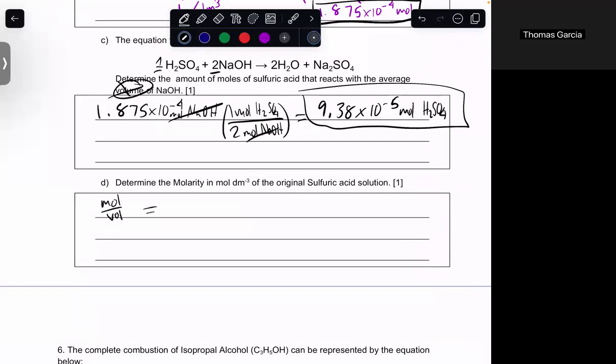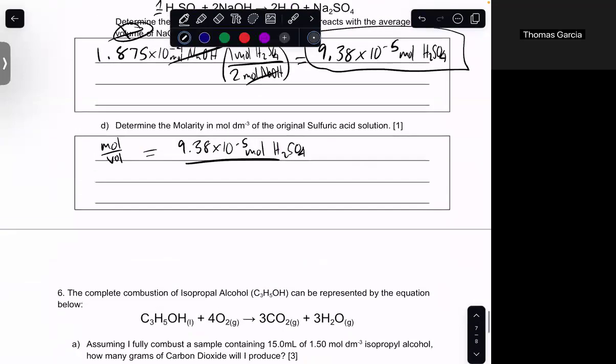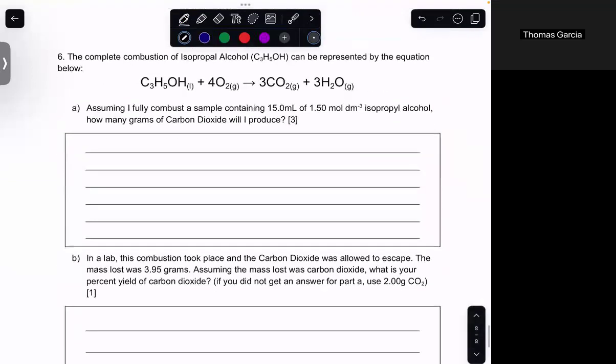So I'm going to take 9.38 times 10 to the minus fifth mole H2SO4, and I will divide it by my original volume, which we know from our original question is 25.0 milliliters, which we will convert into 0.025 decimeters cubed, to get our original molarity of 3.75 times 10 to the minus third mole decimeter cubed. Apologies.